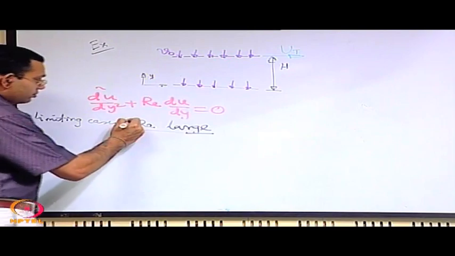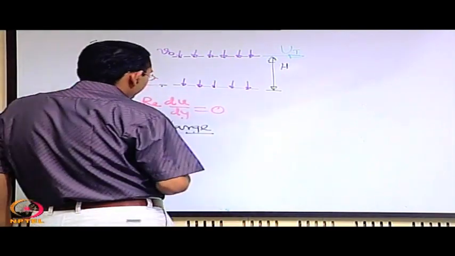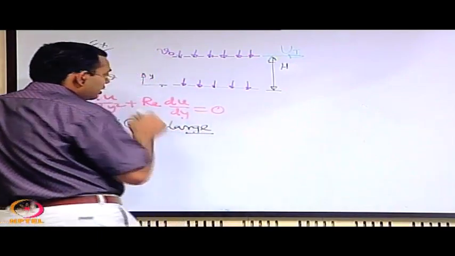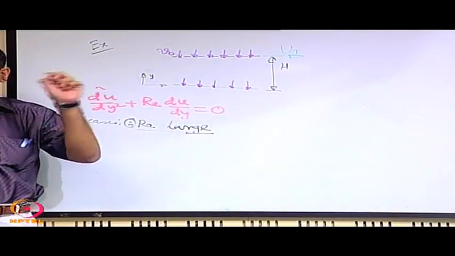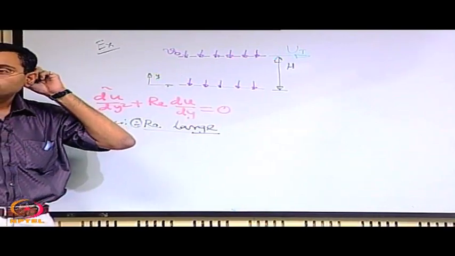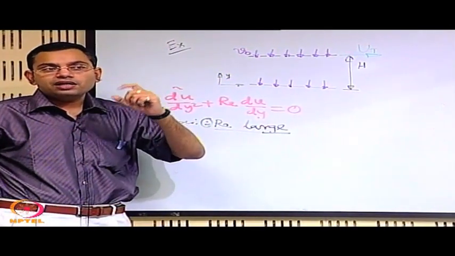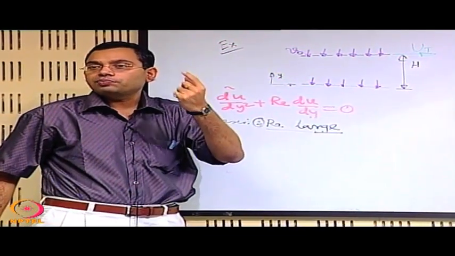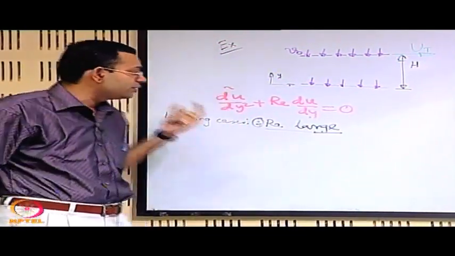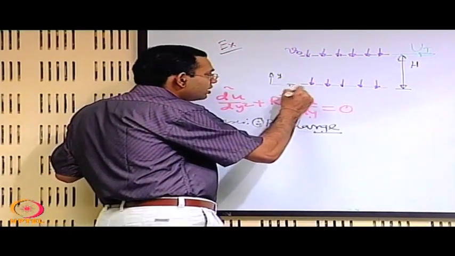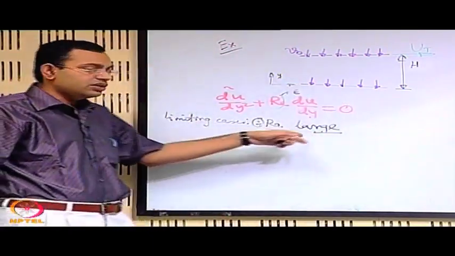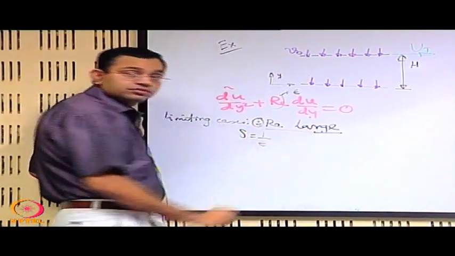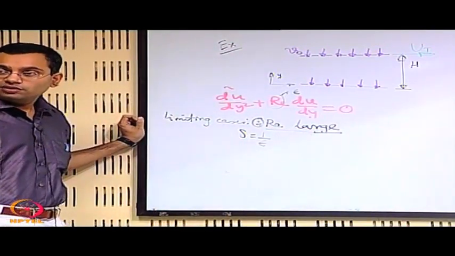One of the tricks in which you may use the perturbation method is by expanding in the form of a series of powers of small quantities like powers of epsilon, where epsilon is a small number. Now here epsilon is not small because Reynolds number is large, but you may introduce delta equal to 1 by epsilon, that will then be small.